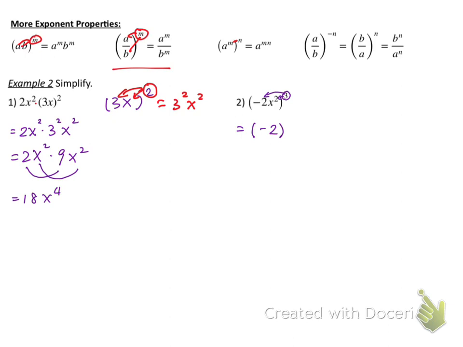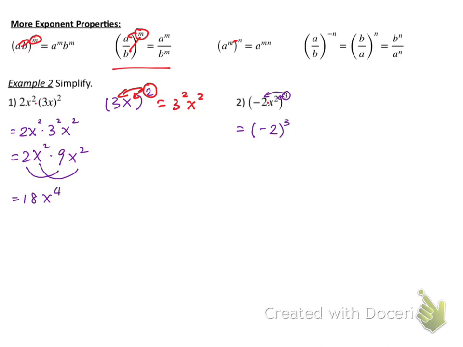So what will happen is, if the factor inside didn't have an exponent, like my negative 2, or my 3 and x in the previous question, the outer exponent will just be the new exponent. So I will just place a 3 here, okay?